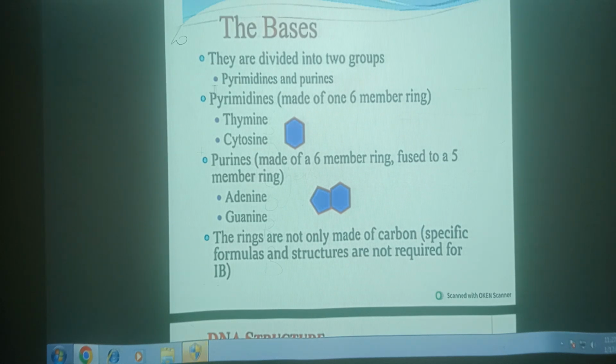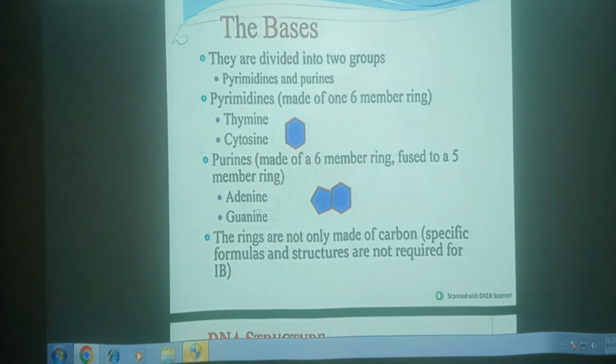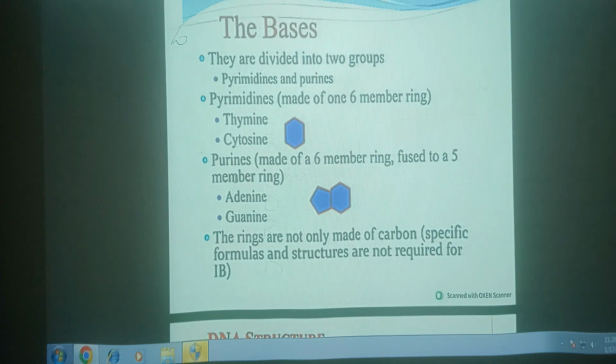Pyrimidines are made up of one six-member ring. The pyrimidines are thymine and cytosine. Purines are made up of a six-member ring fused to a five-member ring. The purines are adenine and guanine.